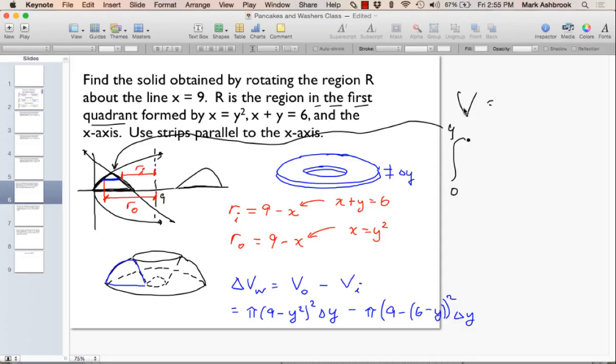That's a y coordinate, whatever that y coordinate is. I think it's y equals 2.